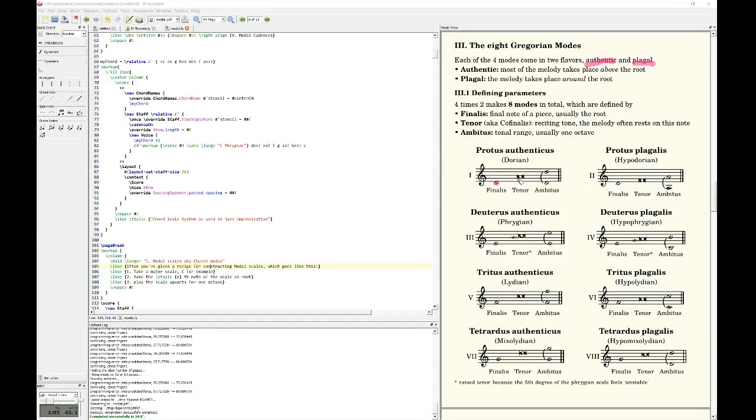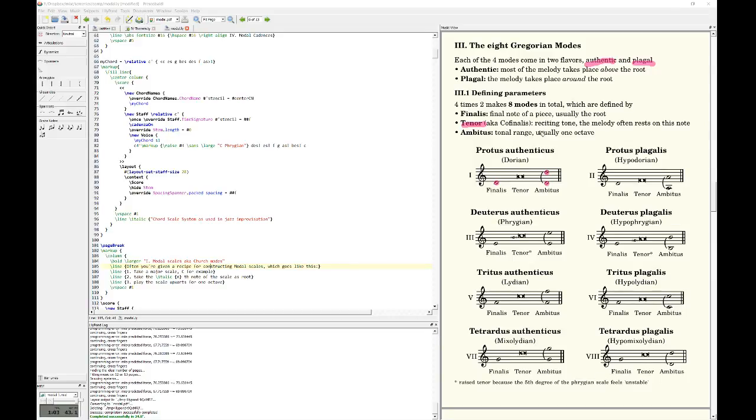In authentic Dorian, the finalis or the root is the D, and the melody takes place between D and D1. So it's 1 octave above the root note. The tenor, also called cofinal, is the so-called reciting tone.